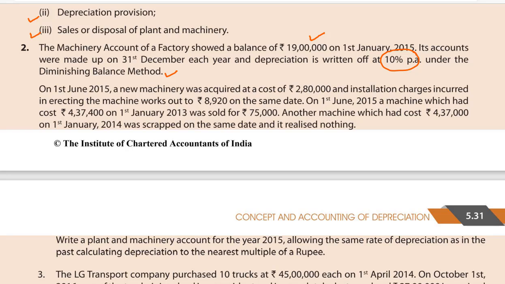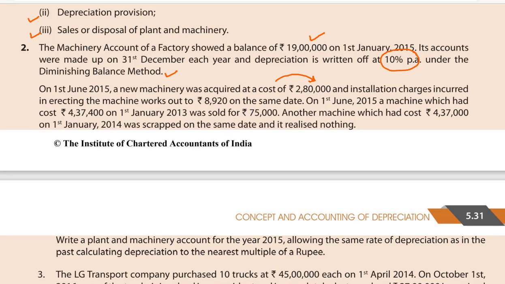On 1st June 2015, a new machinery was acquired at a cost of 2,80,000 and installation charges incurred in erecting the machine works out to 8,290 on the same date.